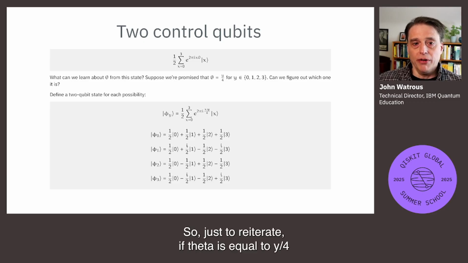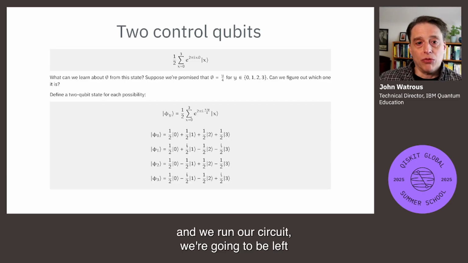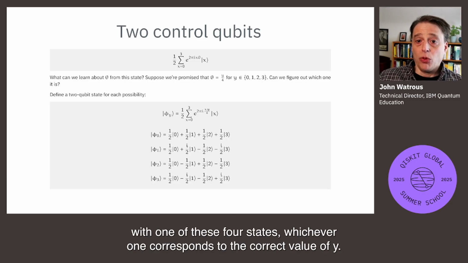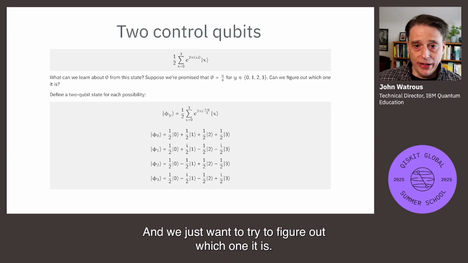So just to reiterate, if theta is equal to y/4 for y being 0, 1, 2, or 3, and we run our circuit, we're going to be left with one of these 4 states, whichever one corresponds to the correct value of y, and we just want to try to figure out which one it is.